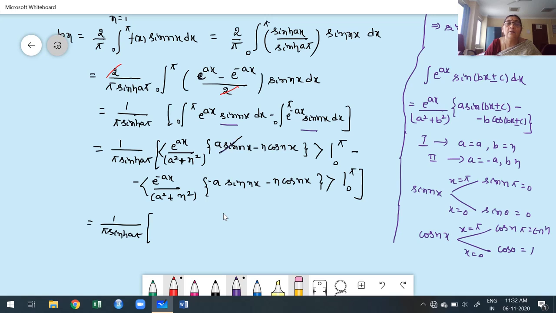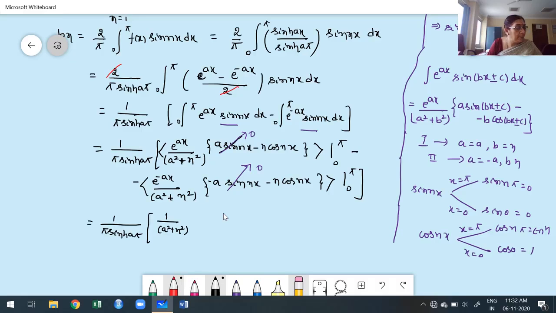A into sin nx. These two terms must be 0, it's already verified. Only if we are applying the limit inside the proper bracket, those terms having cosine function. Now, keep the constant. What's the constant? A square plus n square is a constant.